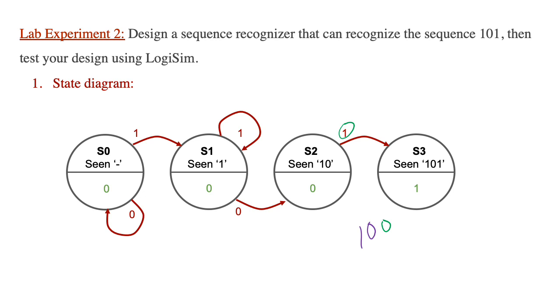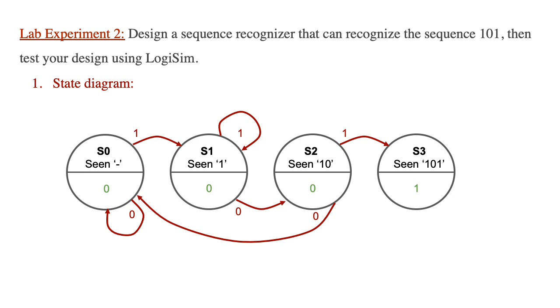So far we have 1 0 0. Is there any state that says seen 1 0 0? No. What about seen 0 0? Doesn't exist, right? Finally, we're left with seen 0. Doesn't exist. So we're going to erase this 0, and then we're going to be left with nothing. So that means if we are in state 2 and we receive a 0, we're going to go back to state 0, the initial state.